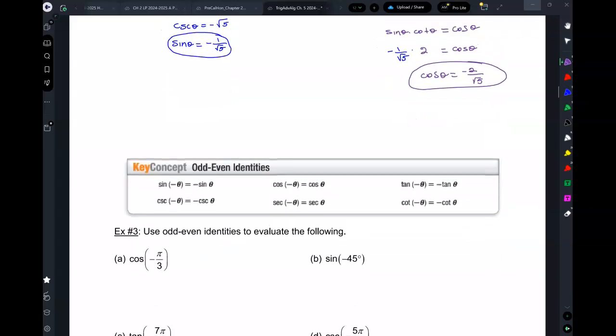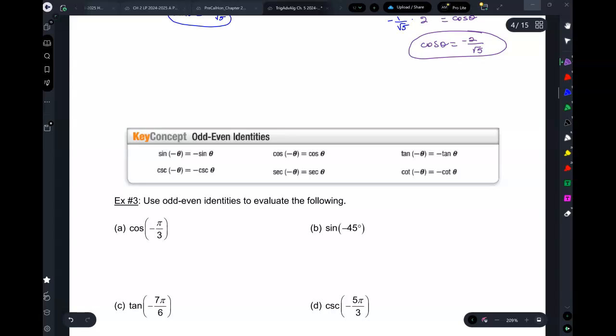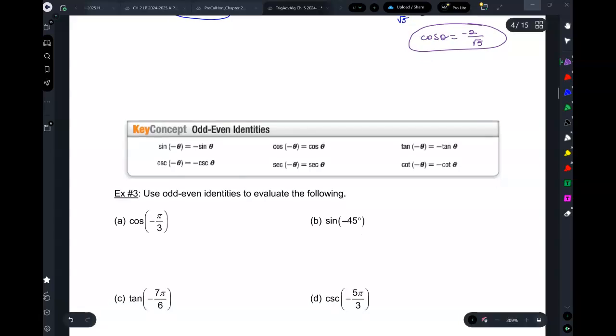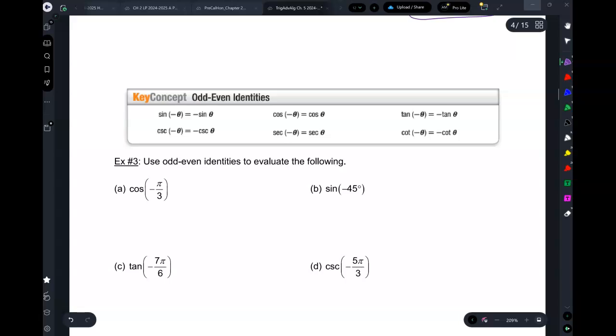Okay, lastly, this is very little. So even and odd identities, so if you have sine or cosine or tangent, and then the angle inside is negative, okay? If you have sine of a negative angle, the negative comes out.